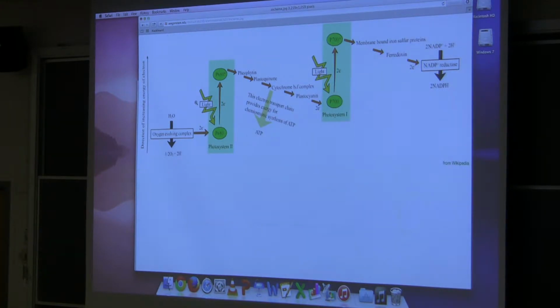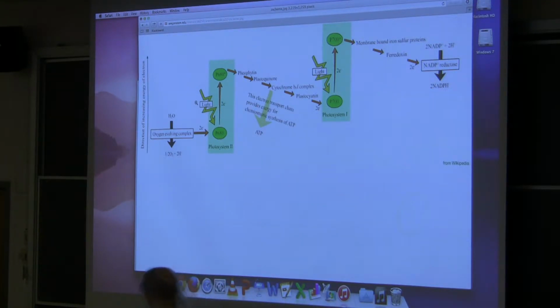There are complexes within the chloroplast that have the ability, we can think within the chlorophyll, to lose electrons. When something absorbs a photon, or when you see light, something is happening to the electronic structure of a molecule.